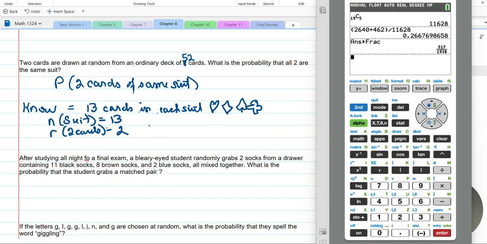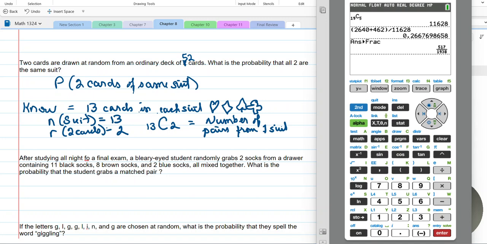So we're going to do 13, choose 2 is number of pairs from one suit. Now, how many suits do we have? Well, we've got 4 suits. So we're going to have that, and then we're going to multiply it by 4.